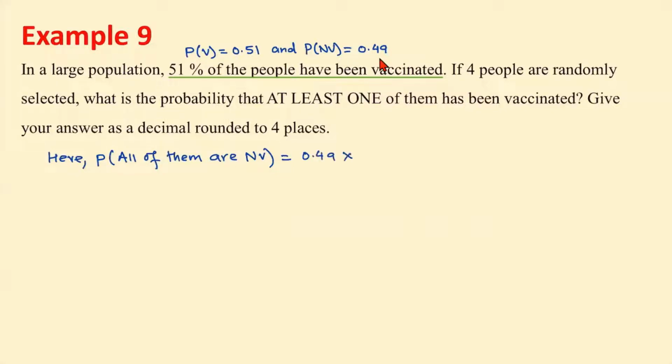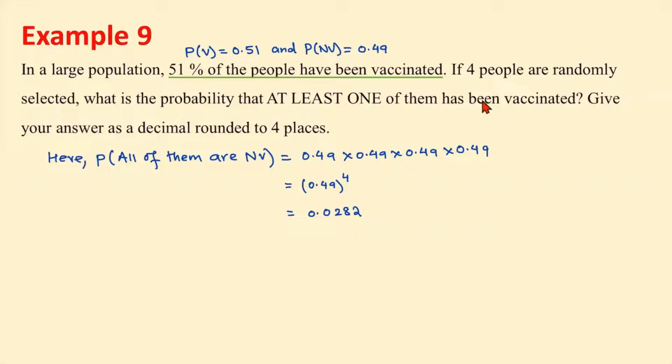Similarly, for the second, third, and fourth, it is the same probability. So this is 0.49 raised to 4, or 0.0282.